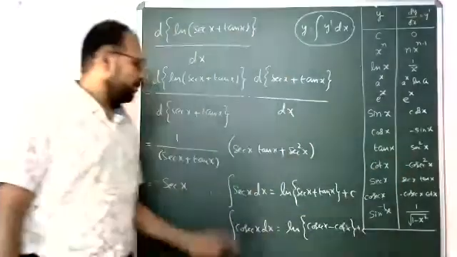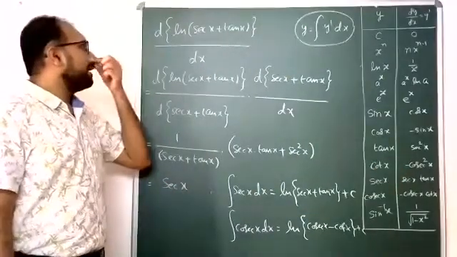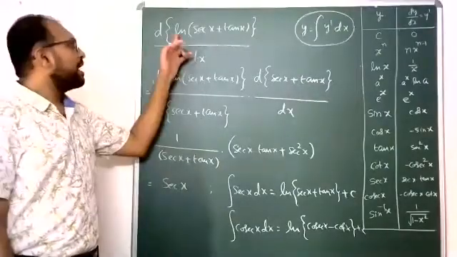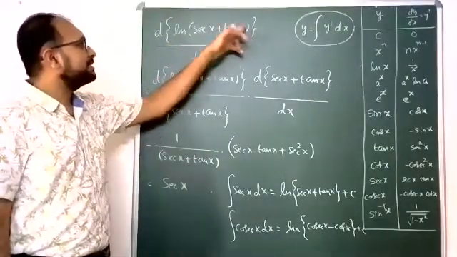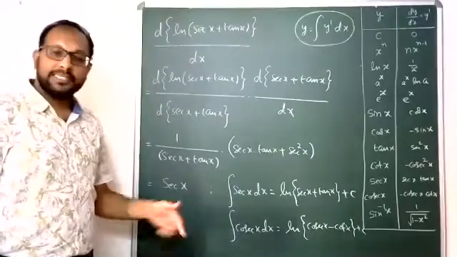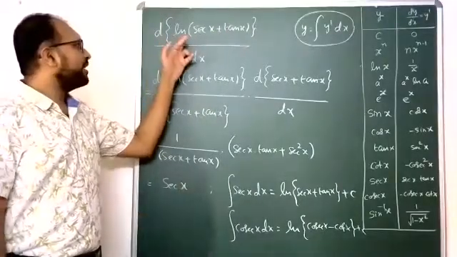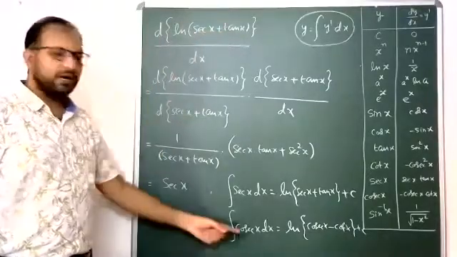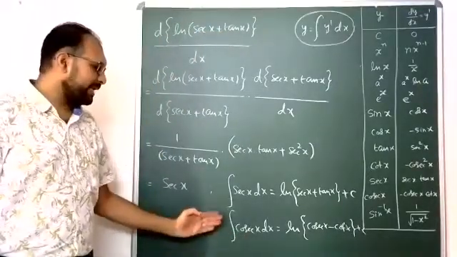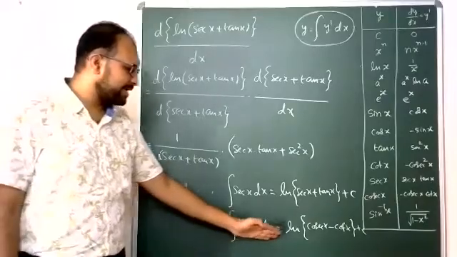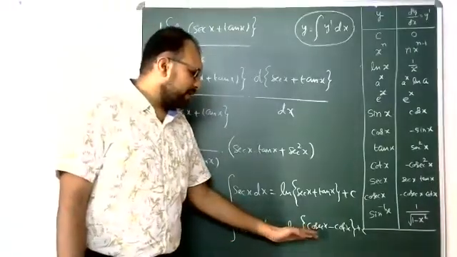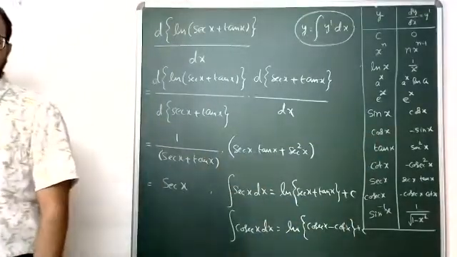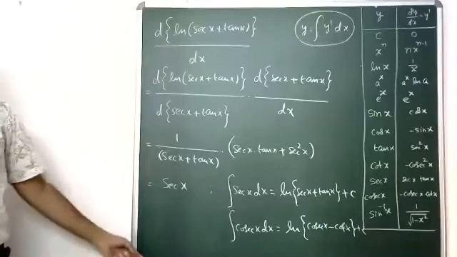So that's why one example for secant x, ln of secant x plus tan x. Similarly, the derivative of ln of cosecant x minus cot x is cosecant x. Then you can write now the integral of cosecant x dx equals ln of cosecant x minus cot x. Yes, you take now from here to here.